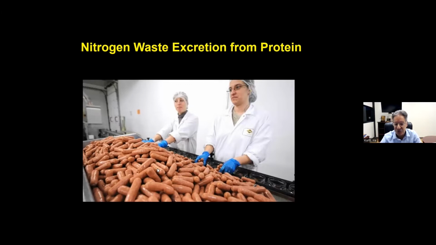So the kidney gets rid of the nitrogen, and it's in a chemical called urea. You might have heard of that. The kidney gets rid of a certain amount of urea every day. So whenever you take in more nitrogen, the liver is actually the organ that makes the urea. The liver takes all that nitrogen and turns it into urea, puts it into the bloodstream, and the kidney then gets rid of the urea.